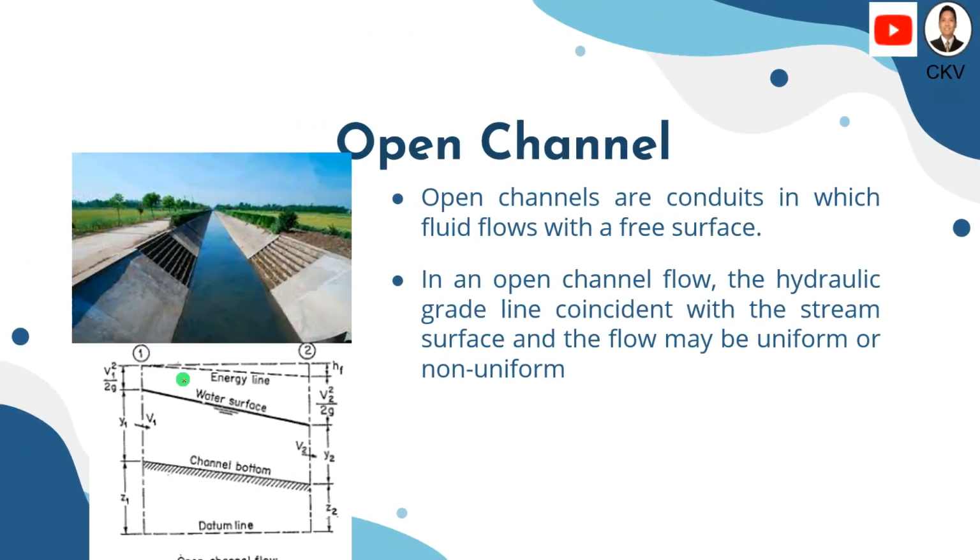So going back here, if this is your energy line, if it is a non-uniform flow, your S that should be used in the formula is this energy grade line. But if it is uniform, just use the slope of the bottom of the channel.